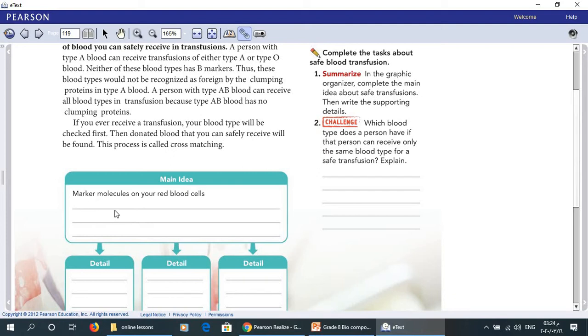Determine your blood type and type of blood you can get in a transfusion. So here, the marker molecules determine your blood type and type of blood you can get or receive from another donor.